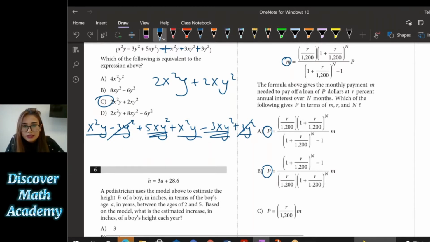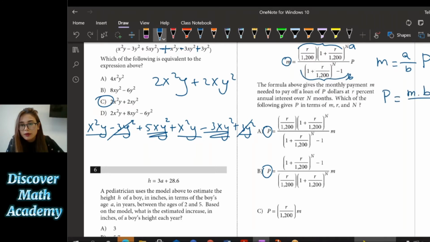Instead of this one let's write A, instead of this one B. The question is like that, M is equal to A out of B, P, and I need to find P. P is equal to M multiplied by B out of A. So A will be in the denominator.